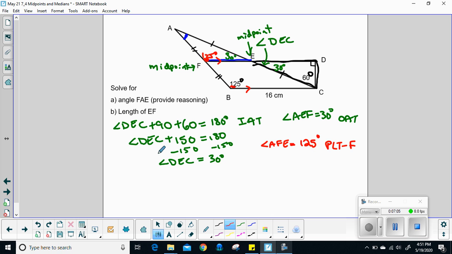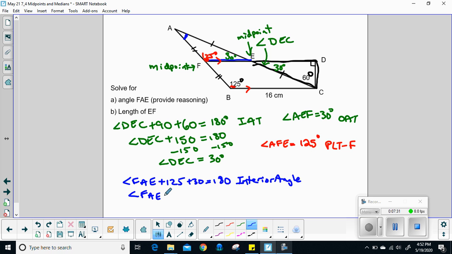Oh, now I can figure out the angle for A. Oh, look at that. So angle FAE plus 125 plus 30 all have to equal 180 degrees, right? Interior angle theorem, sorry. So add them all up.